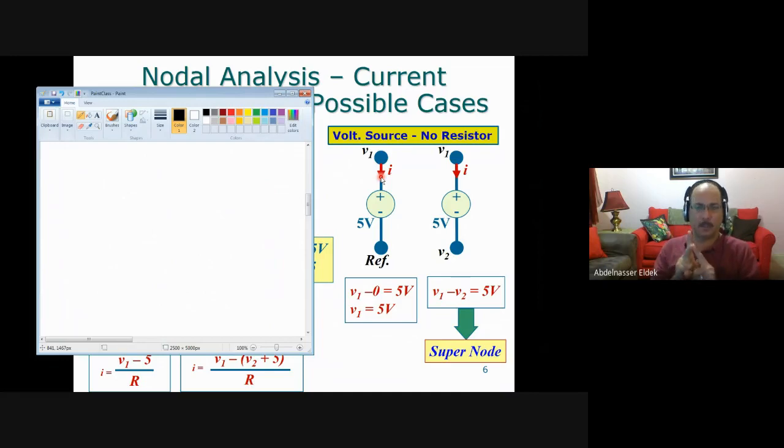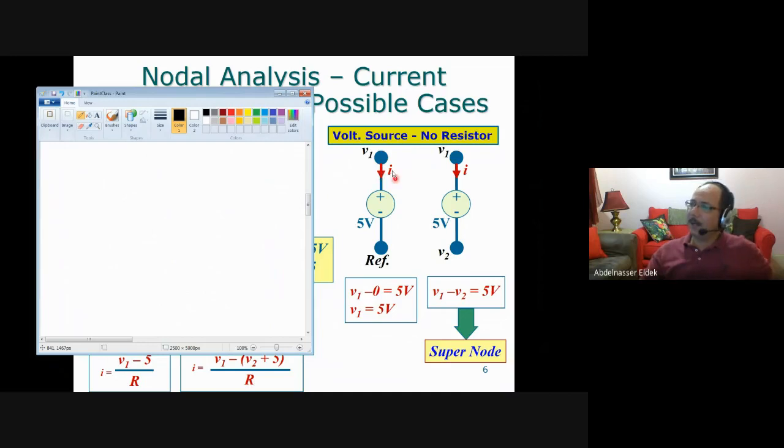Second, you have a resistor. If you don't have a current source and you don't have a resistor, you cannot write an equation for the current right now. You can find it later on, but you don't write an equation for the current. Only two options: current source, resistor. Otherwise, think about something else.